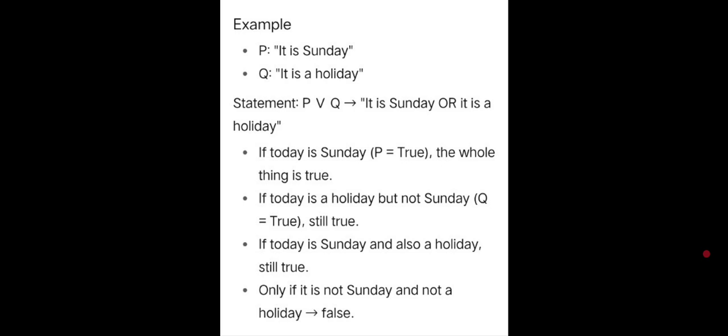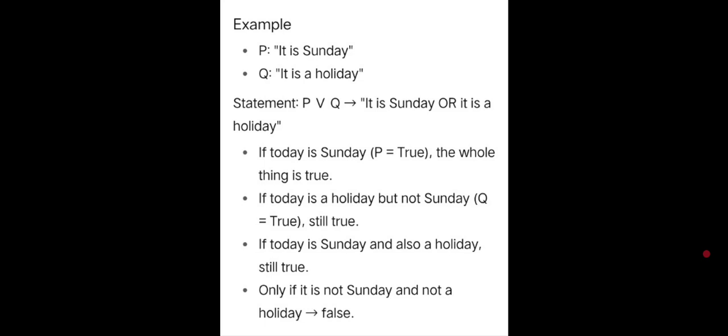See the example here. The first statement is it is Sunday and the second one is it is a holiday. The statement connecting with or: it is Sunday or it is a holiday. So if today is Sunday, that is P true, the whole thing is true.